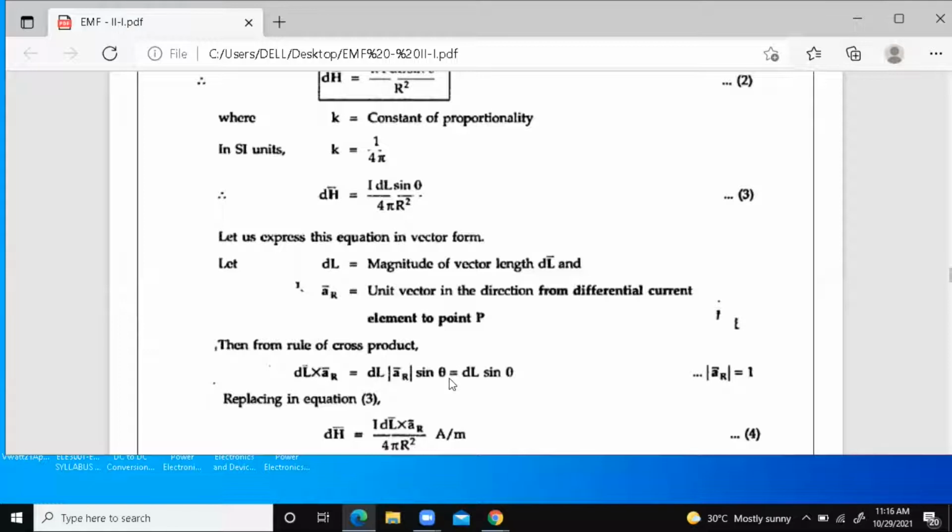A cross B is modulus A modulus B sine theta. So all we do is replace the sine theta by the cross product.